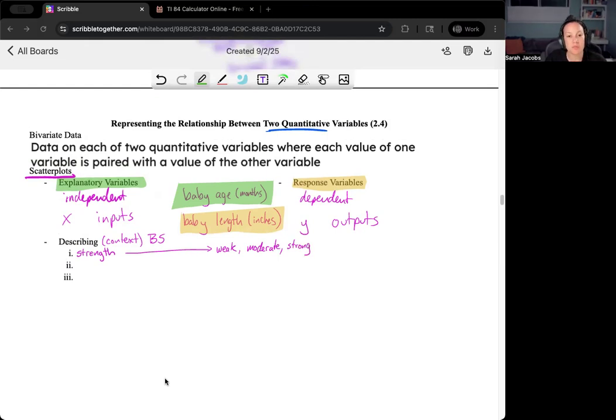You always want to mention the strength. Then we also have direction. What we mean by this is largely the slope. So is it positive or negative?